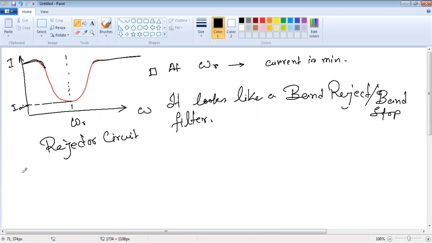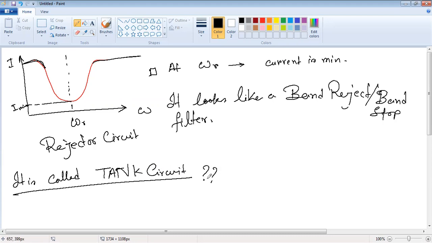Another thing is that the parallel RLC circuit is called the tank circuit. Why is this called a tank circuit?